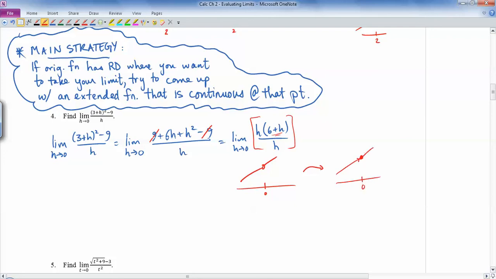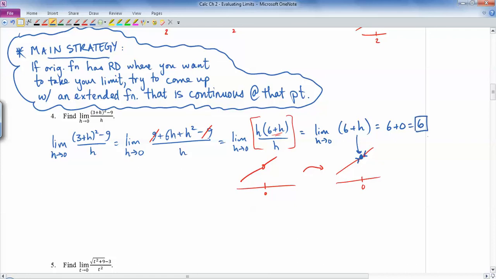And then if I care about what the y value is just to the left and to the right of 0, I could just plug 0 into that new function. That new function is what we get when I cancel those h's. So that fills in the hole at 0. Since I care just about what happens close to it, I'm just going to plug in 0 to get that value. So it's 6 plus 0 equals 6.